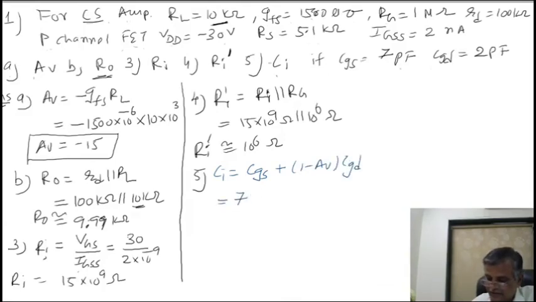This is 7 plus (1 minus AV), and AV is minus 15, so I have to put minus 15 here. Minus minus becomes plus. CGD is 2. So 7 plus 32, that is 39 pF.